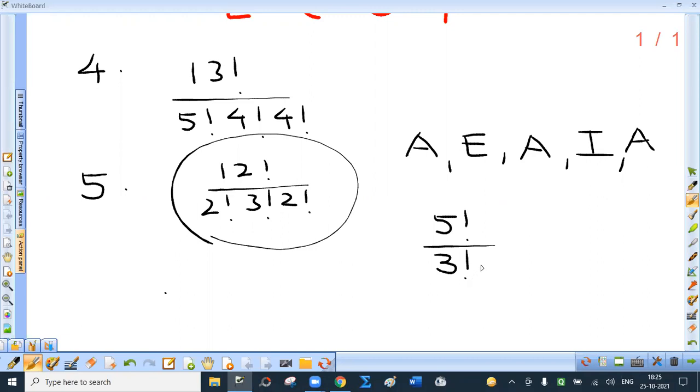Okay. Next line. Considering 5 vowels as a single letter, we have 7 plus 1, that is 8 letters.